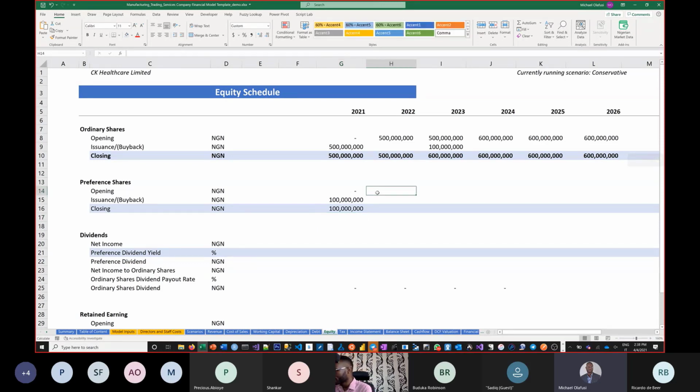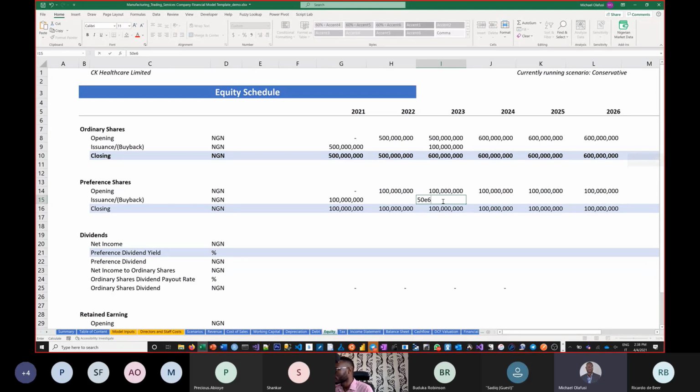So as usual, next year's opening is going to be this year's closing, and the closing is always the summation of the opening and the addition. So it's the same logic. Opening is always equal to last year's closing. And if we raise new 50 million, I put it here, so you see, same pattern.